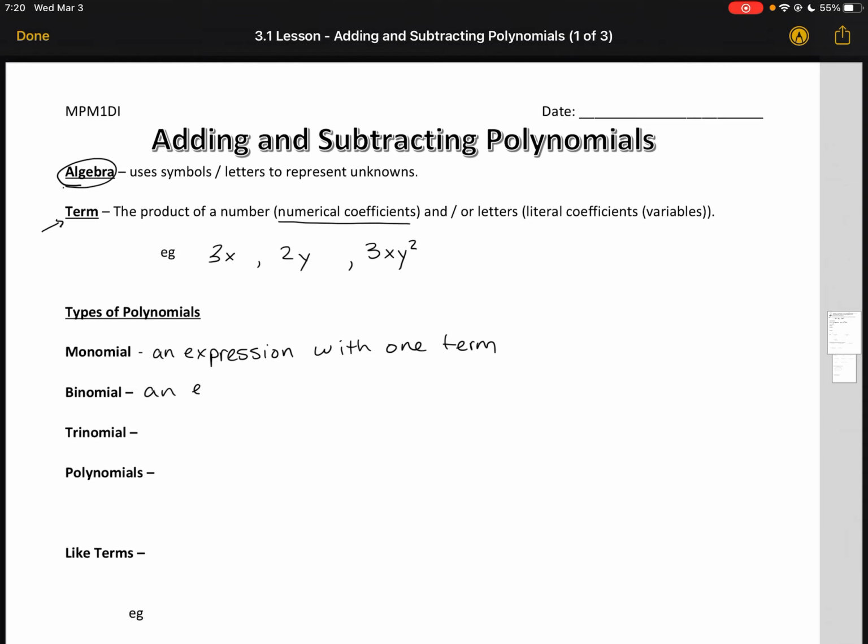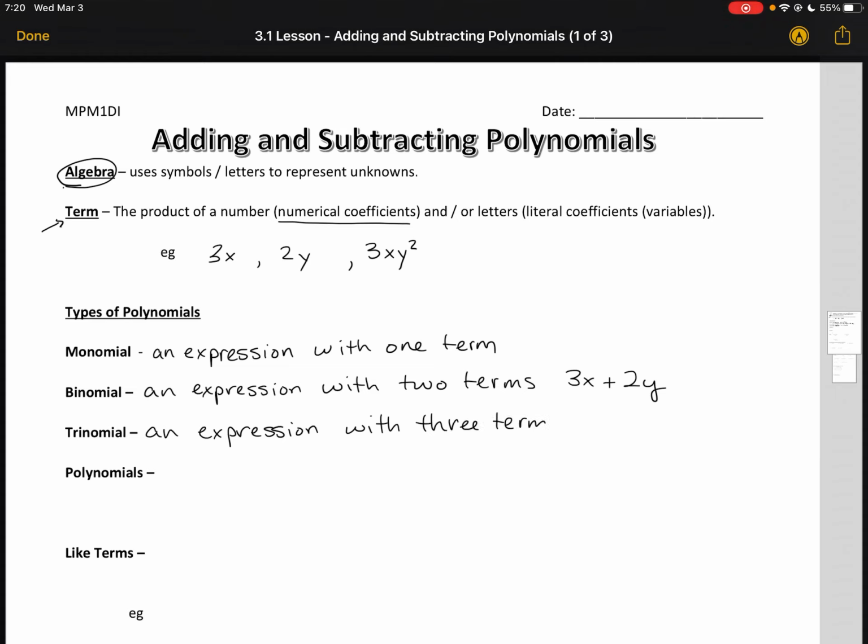A binomial is an expression with two terms, something like 3x plus 2y. A trinomial is an expression with three terms, which would be like 3x squared plus 2x plus 7.